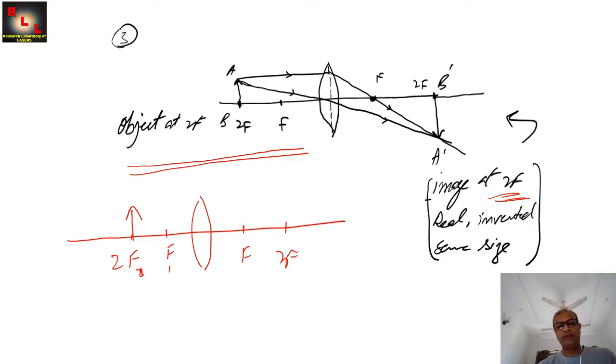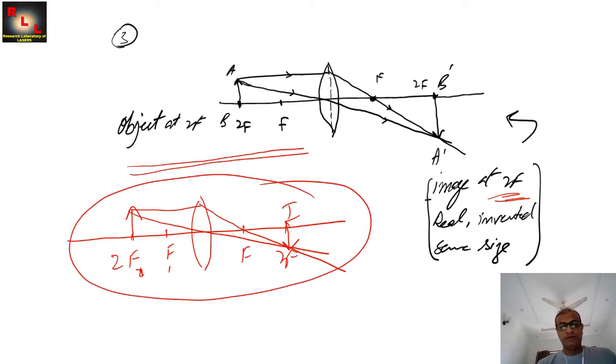So how can it happen, you can see here, and it's like this. This is the image, and definitely it will be real. It's on the image side, inverted upside down, and the same size.